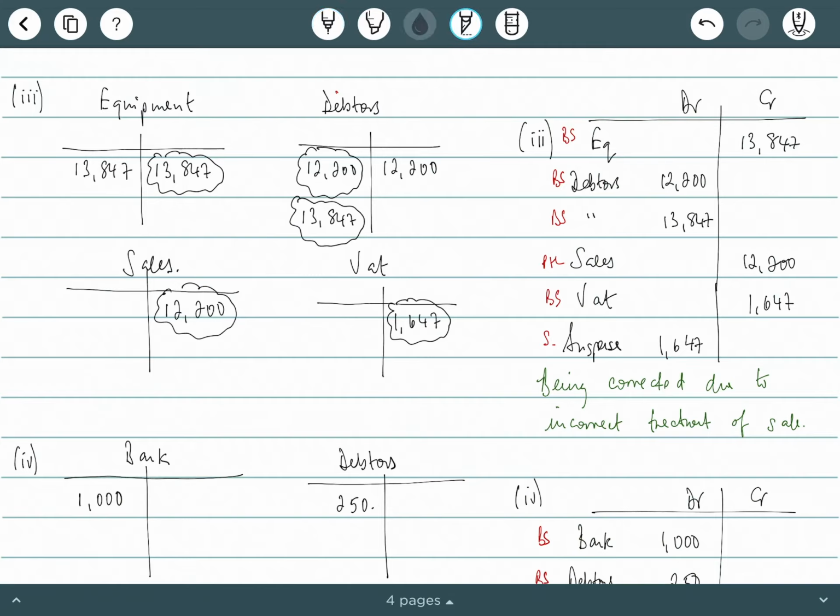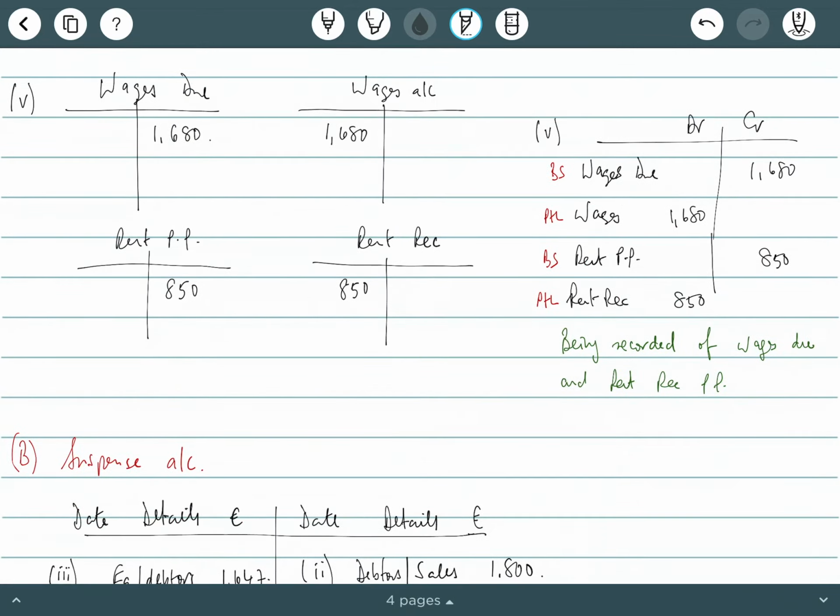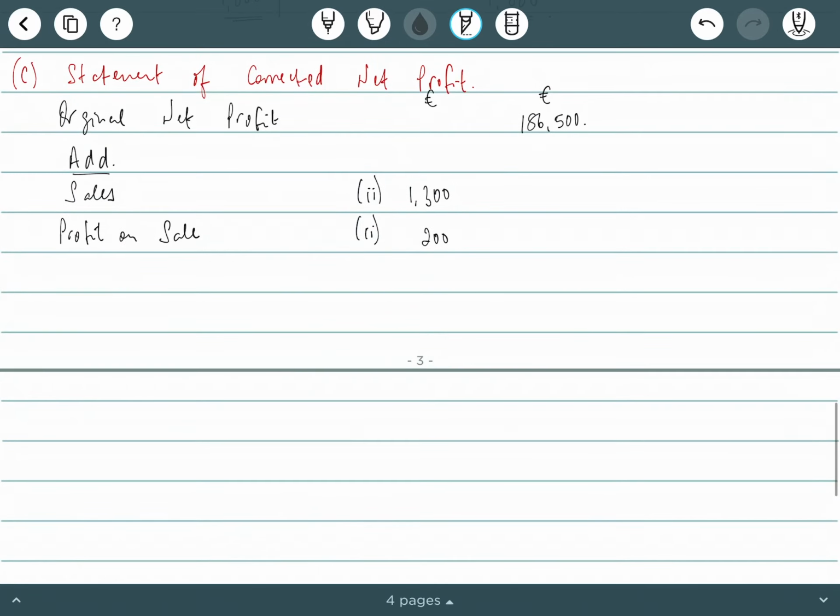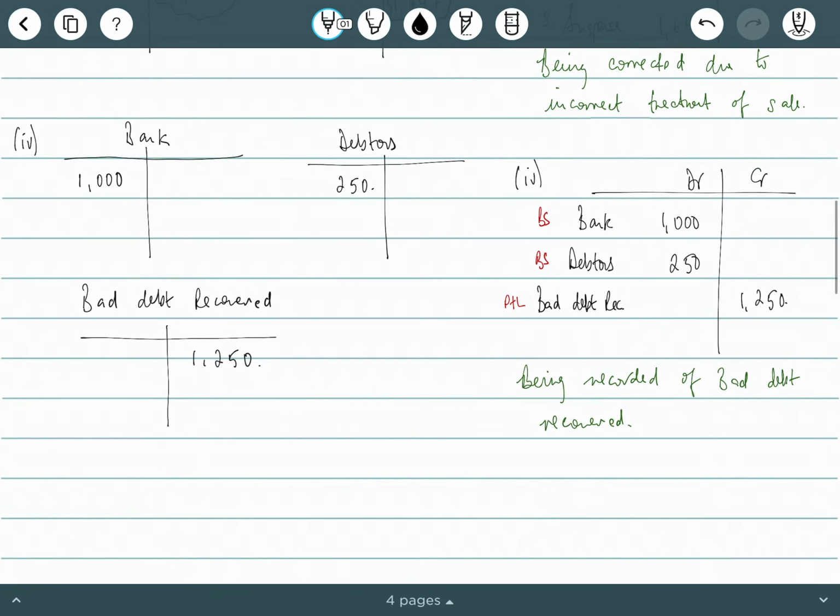There we have it, look, we have sales, 12,200. That's the only entry on the credit side that affects the P&L. So working 3, sales 12,200.